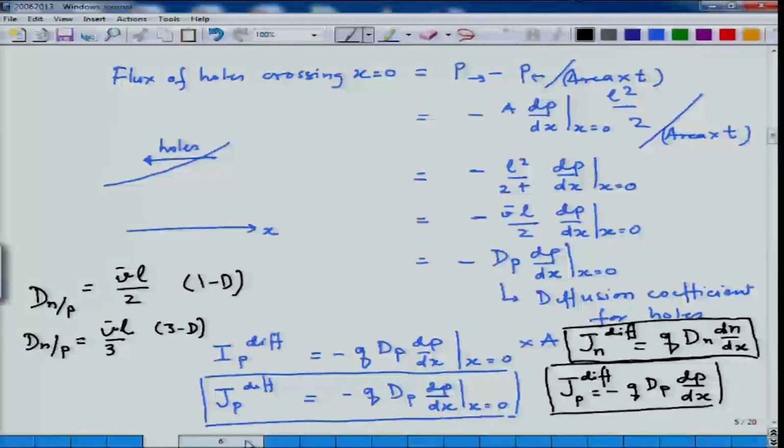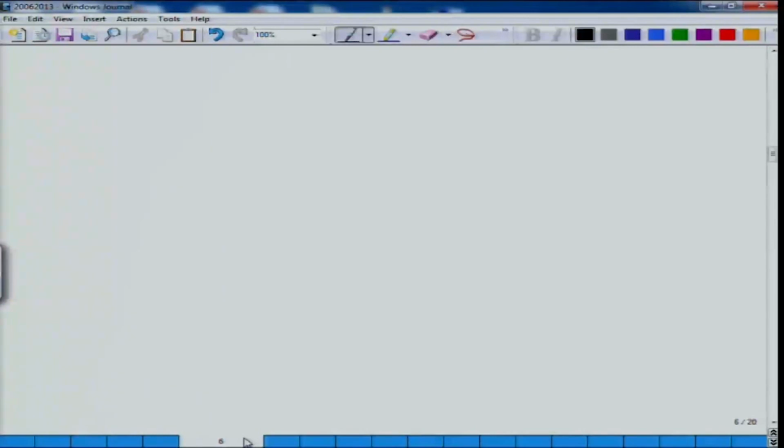Now, having come up with an expression for diffusion current, what is important is what this diffusion coefficient N or P is. When we were talking about drift, we looked at the carrier motion in response to the electric field, and the parameter which is important in case of drift is the mobility of carriers.